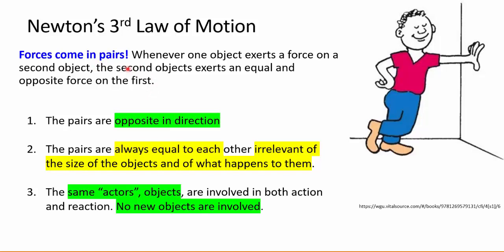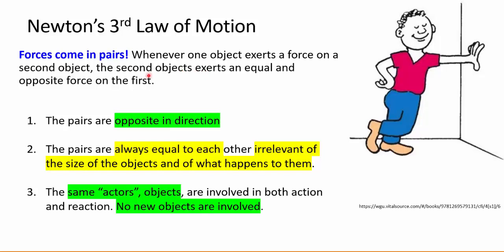Now, we use the terminology of action and reaction. We call the force exerted by the first object the action, and we call the force exerted by the second object the reaction.